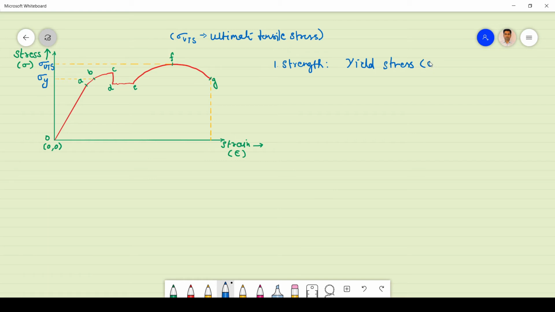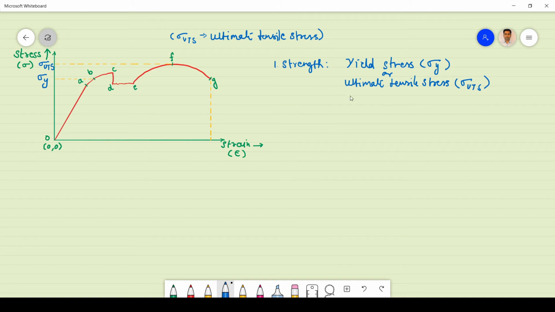That is sigma y, or by ultimate tensile stress, that is sigma UTS, because after that the necking initiates and the material fails at the point G.